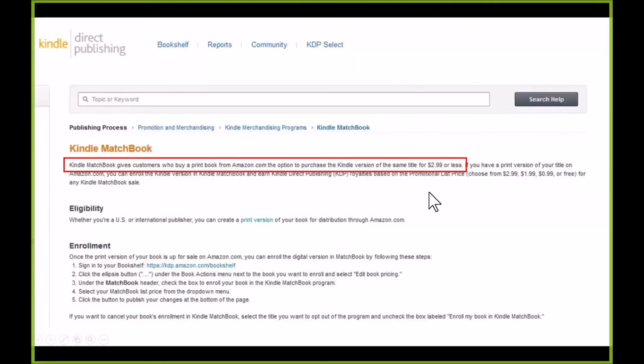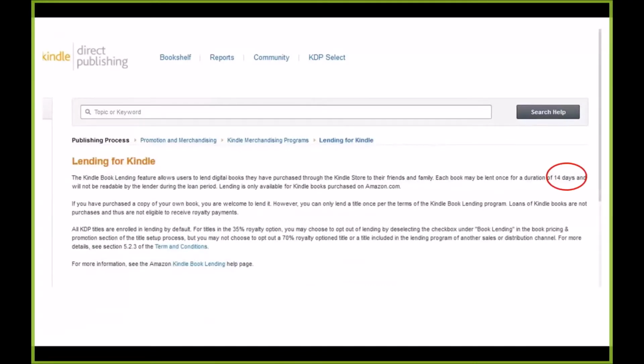So it'll be $2.99 or less, even if you have it for $9.99. That's so that they'll buy your print paperback, and then have the ebook as well.